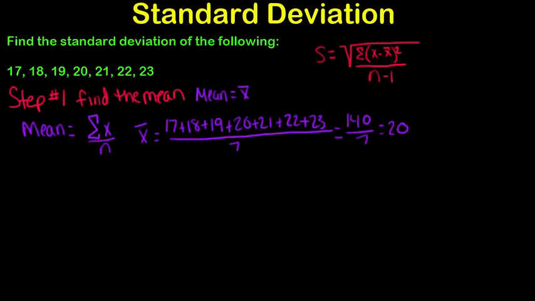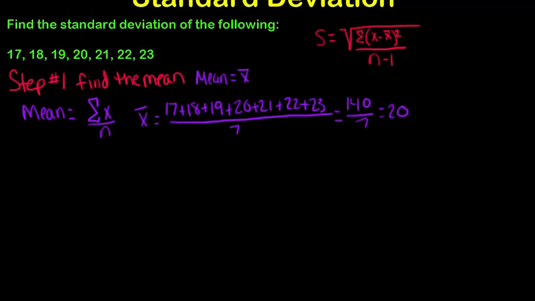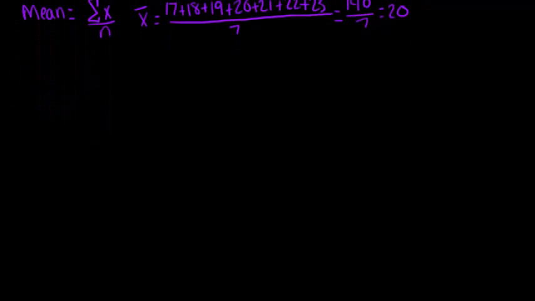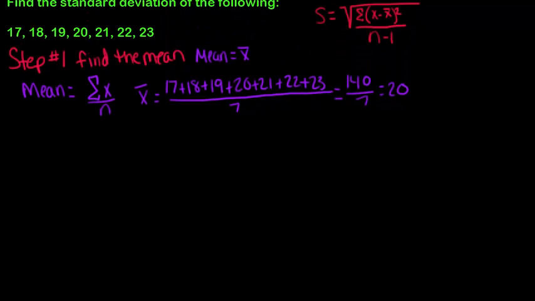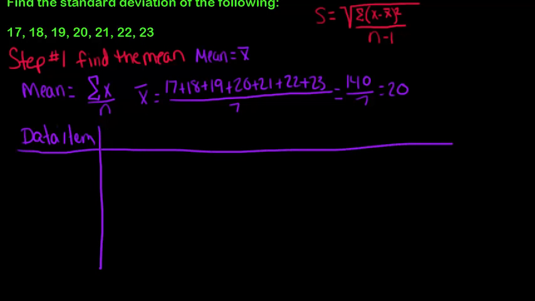To move on to the next step, I like to make a chart for this second part. We'll start with the data item, and this will go on for a while. So we'll say 17, 18, 19, 20, 21, 22, and 23.